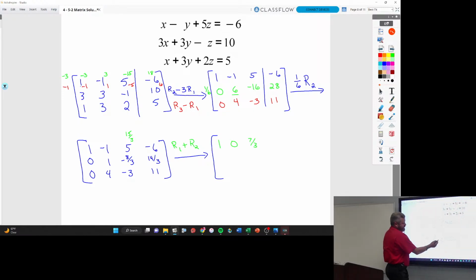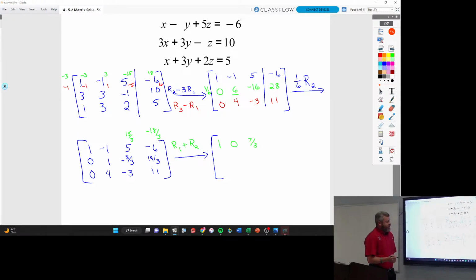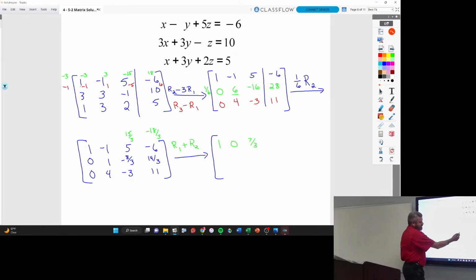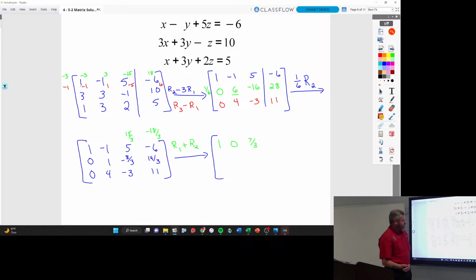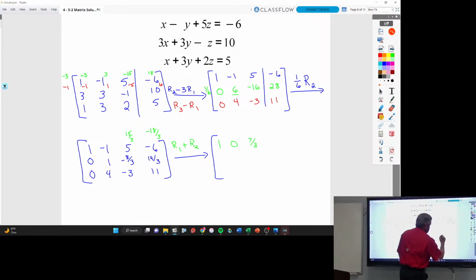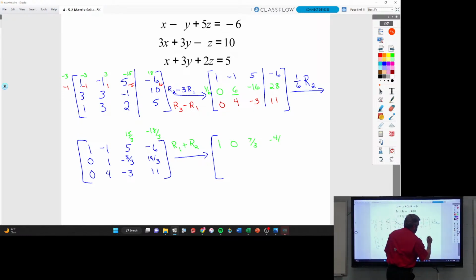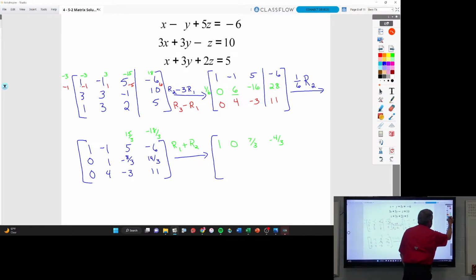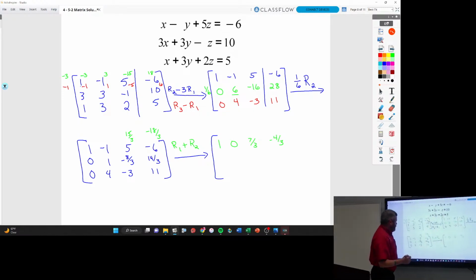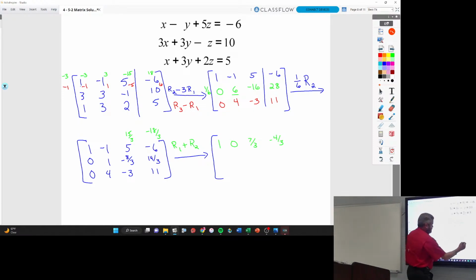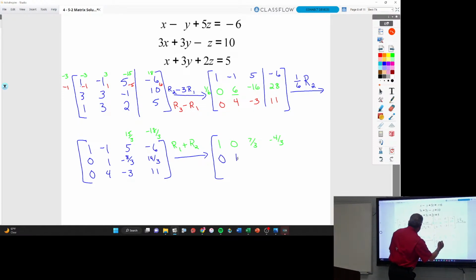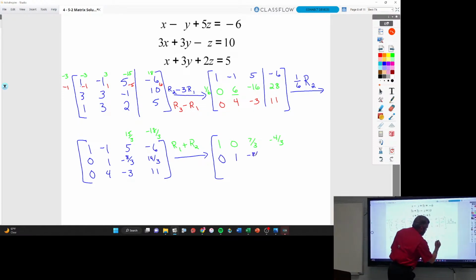And then we have 14/3, and here's a negative 6. Well, negative 6 would be negative 18/3, because negative 18 divided by 3 is negative 6. Negative 18/3 combined with a positive 14/3 would be a negative 4/3. I'm not doing anything with row 2 right now, so I'm just going to keep it: 0, 1, negative 8/3, and 14/3.